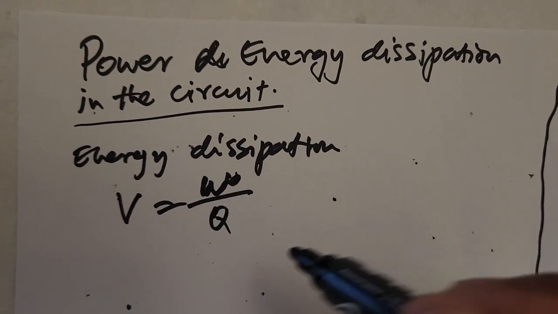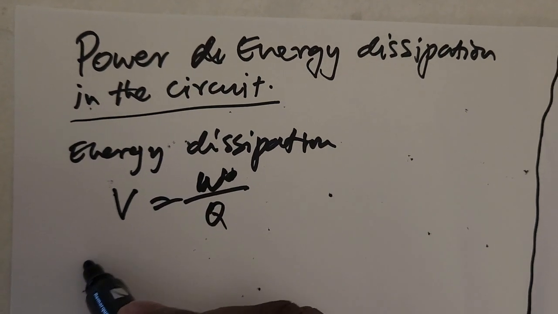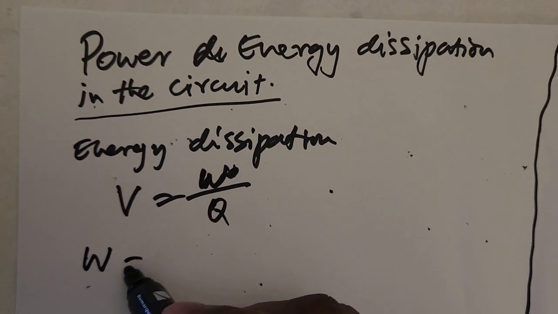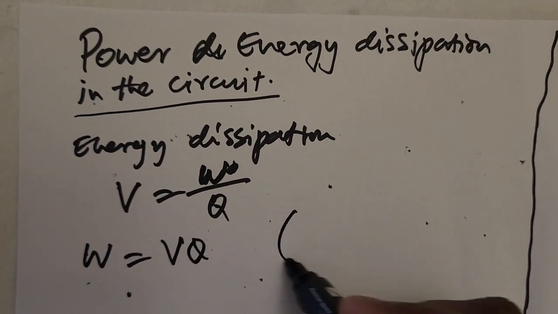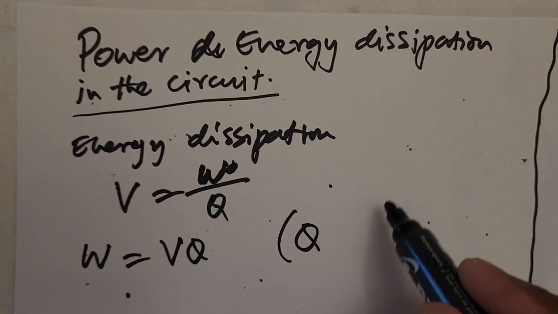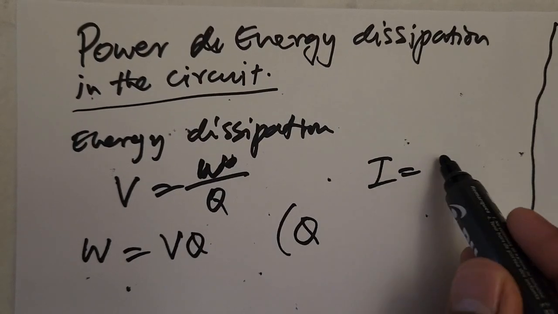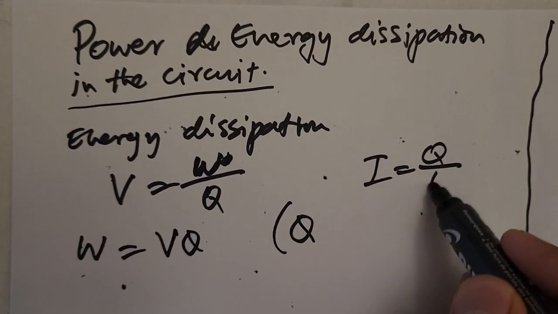Now coming from this formula, where W represents the energy or the work done, we'll have W equals VQ. But we know from grade 10 as well that current is defined as the rate of flow of charge.